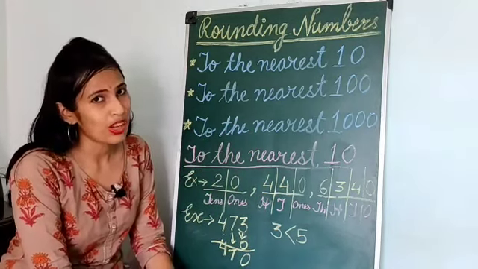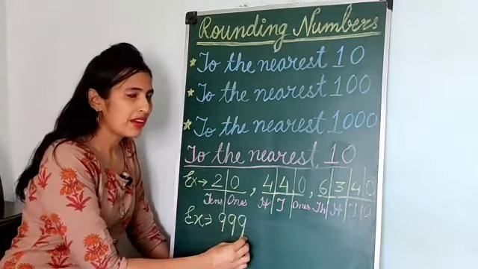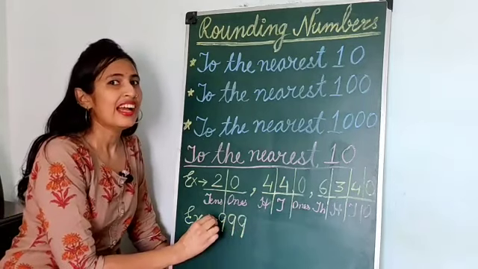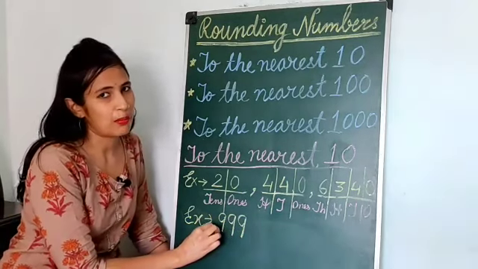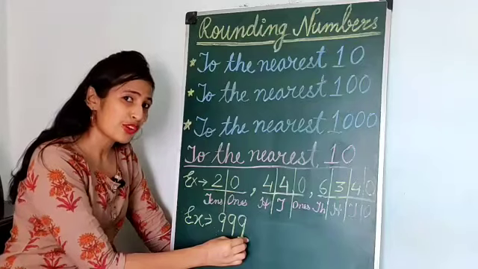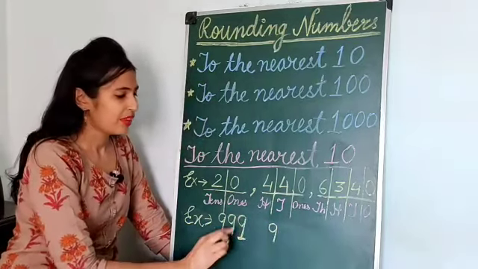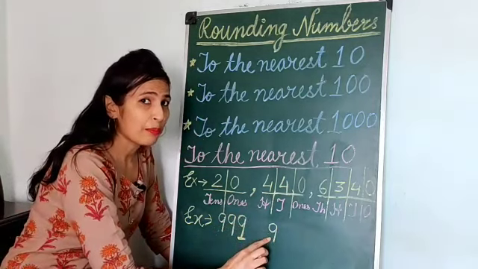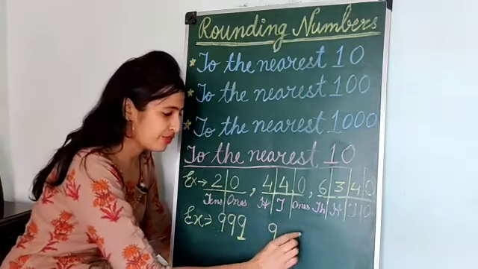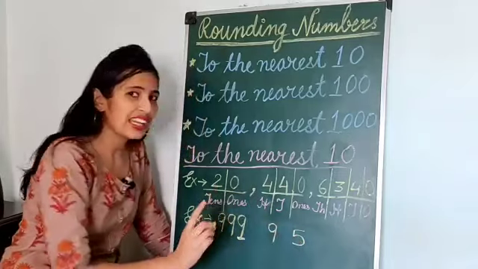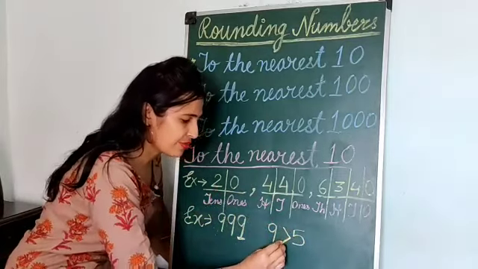Let's take one more example. Here the number is 999. It is the largest 3-digit number. Again, I will look at my ones place number. My ones place number is 9. So I will compare 9 to the number 5. 9 is greater than 5.